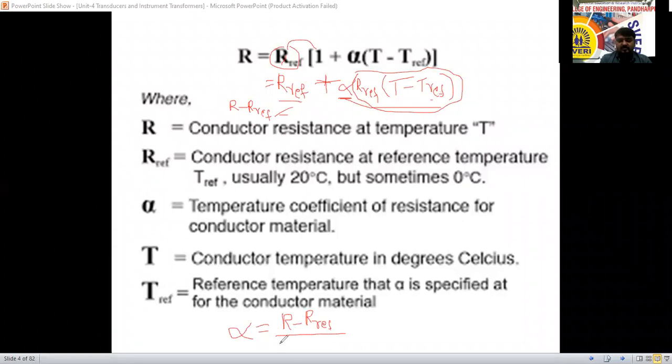R reference into T minus T reference here now. This is the alpha formula. Actual alpha formula is this. Resistance temperature coefficient formula is this one.